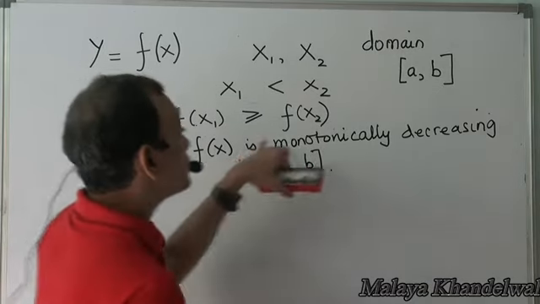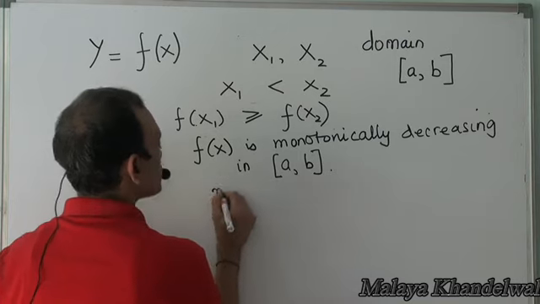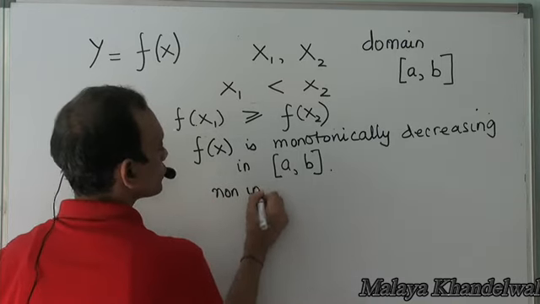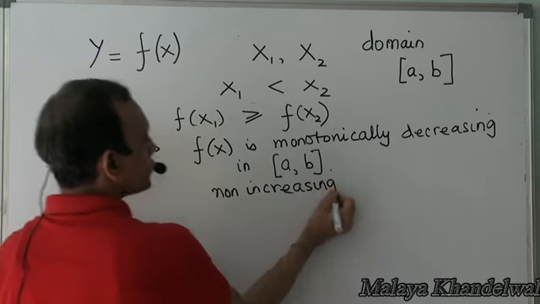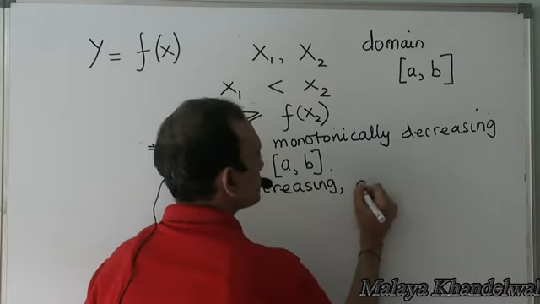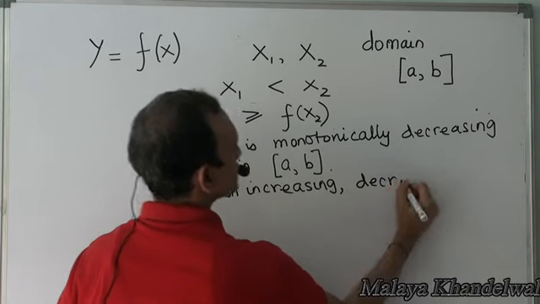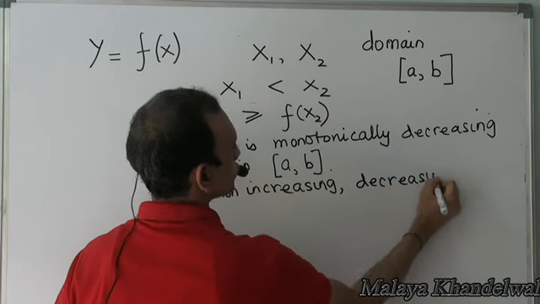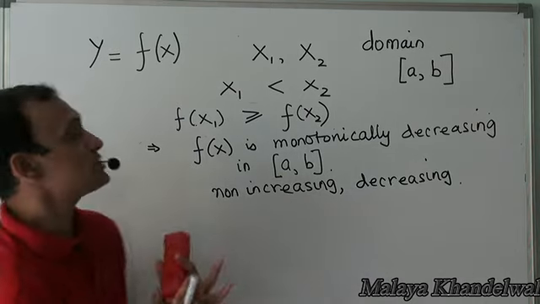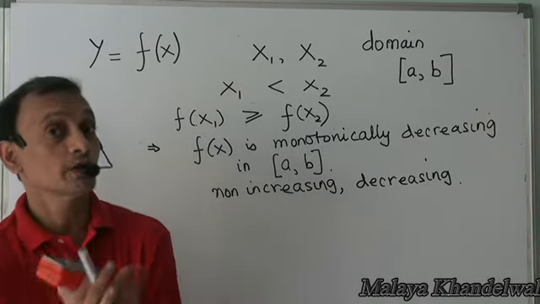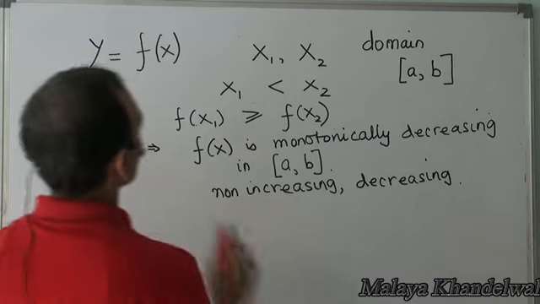We also call monotonically decreasing as non-increasing. We also write this sometimes as simply decreasing, right? So this is what is meant by a function being monotonically decreasing in an interval.